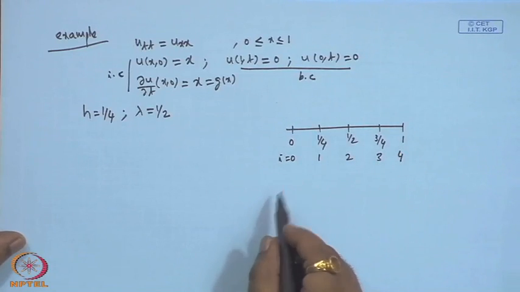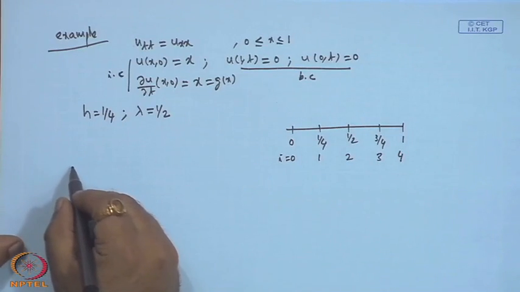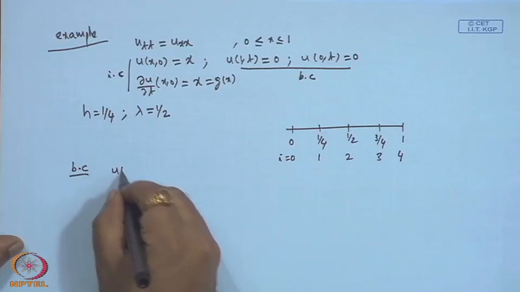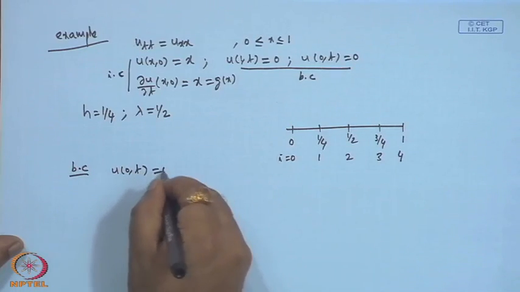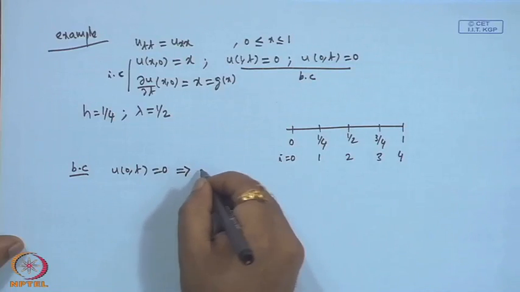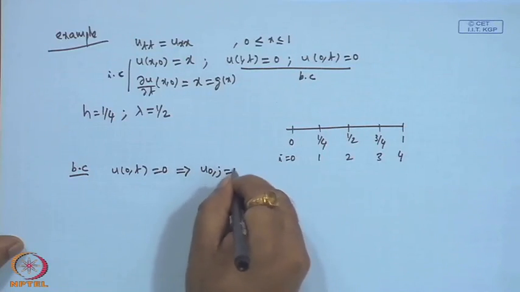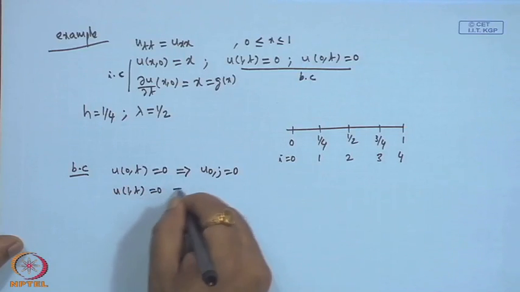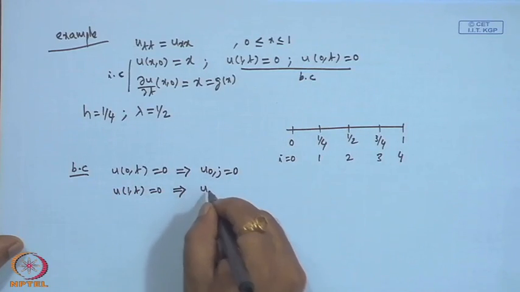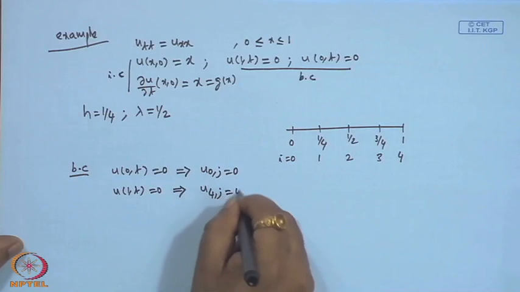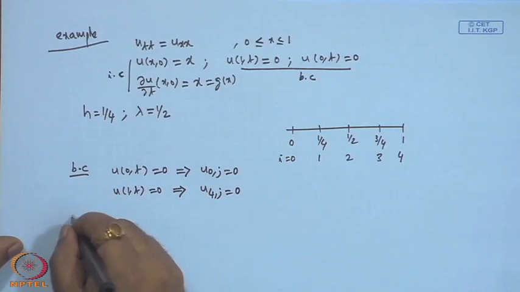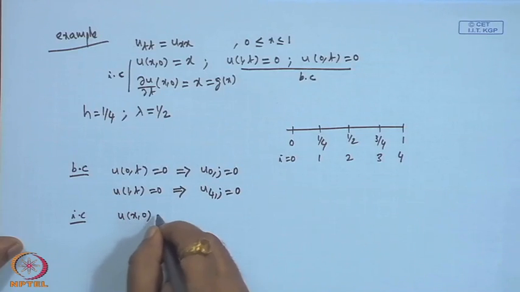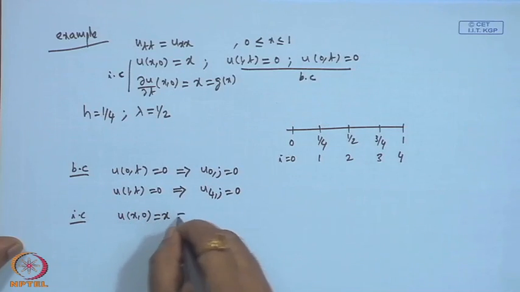Okay. So, now consider the boundary conditions. u of 0, t is 0. So, this implies u 0 j is 0, u of 1, t is 0, 1 corresponds to 4, 4 j is 0, and initial condition u of x 0 is x.